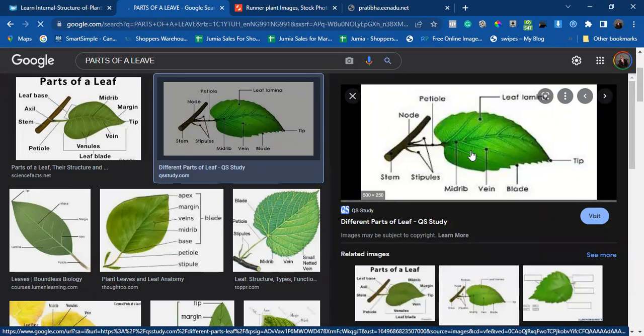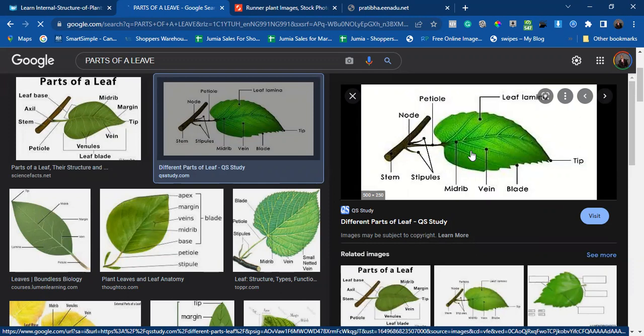Okay, so as I was saying, let's pay attention. When we're discussing the stem, we mentioned the nodes and the internodes.